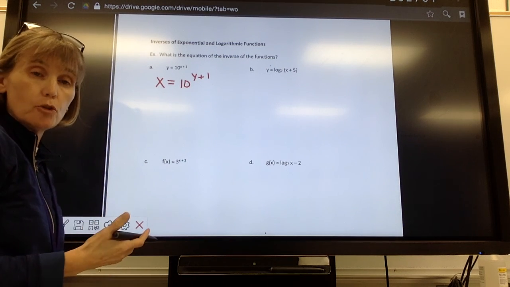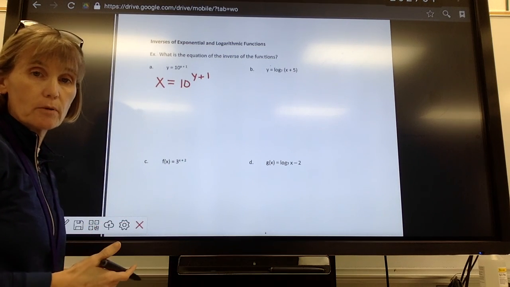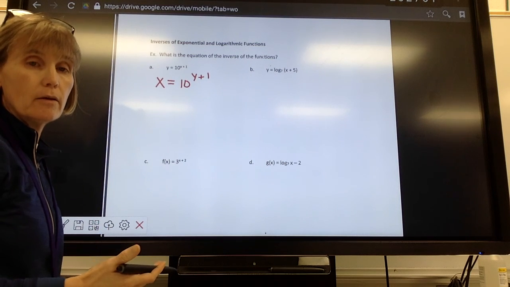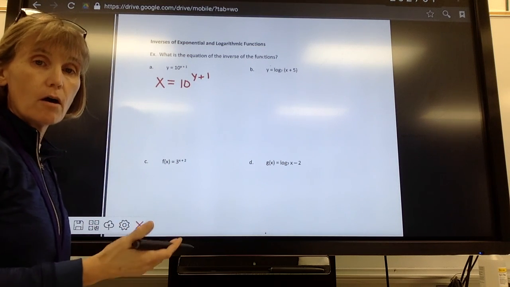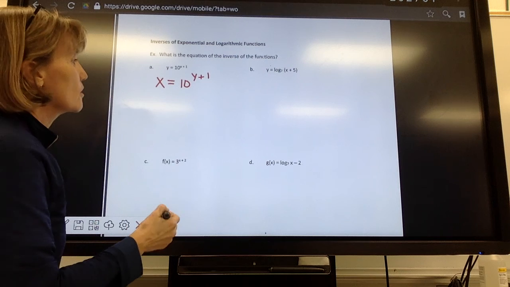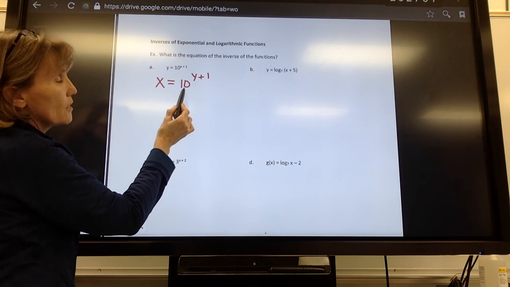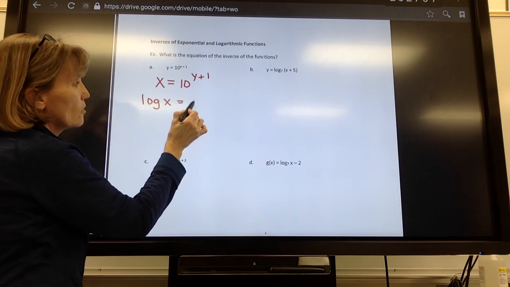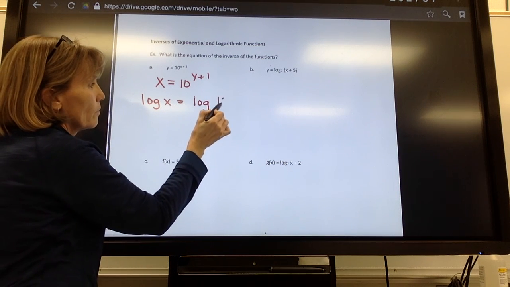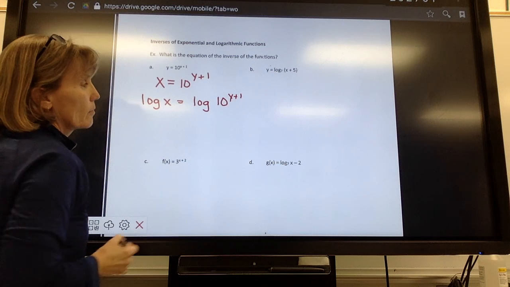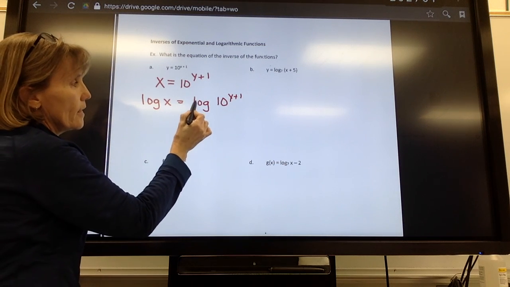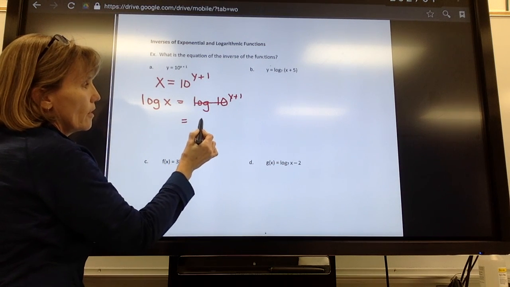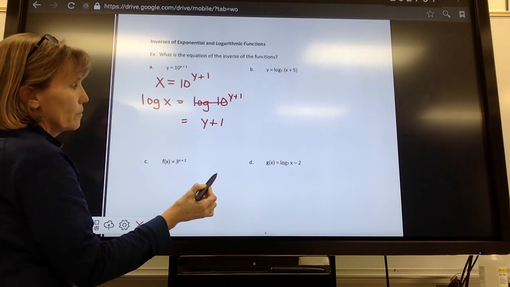So what do I need to do to get that out of the exponent so that I can isolate it? You're right. We have to take the log of both sides, just like we did previously. Since it's a base 10, I'm going to use the common log. Since this is a base 10, these undo each other, and you're just left with y plus 1.